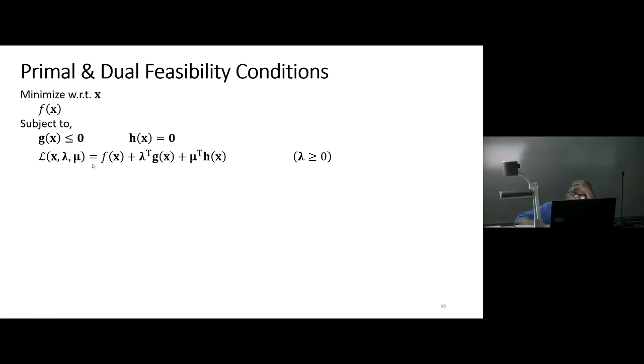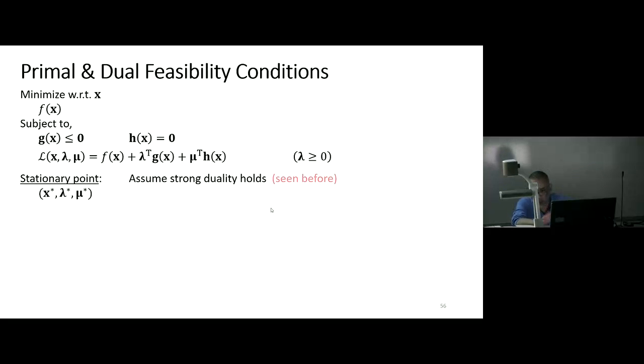This is the Lagrangian in vector form. The stationary point is x star, lambda star, mu star, and assume strong duality holds. Now, at this point, x star, lambda star, mu star, it must satisfy these two conditions, right?